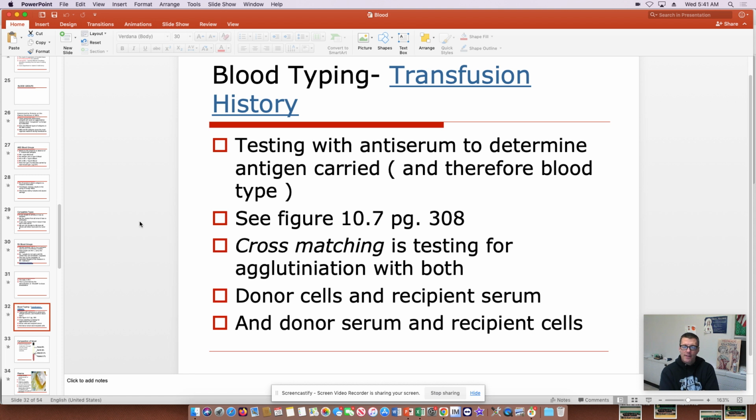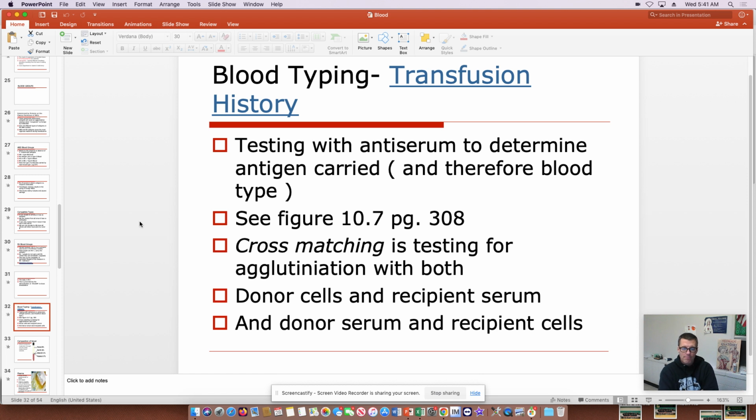So if you mix someone's blood with anti-A serum, and that anti-A serum makes an agglutination, a kind of clumping, or becomes grainy looking, then you would know that their blood had A antigens. Same thing with B or whatever.